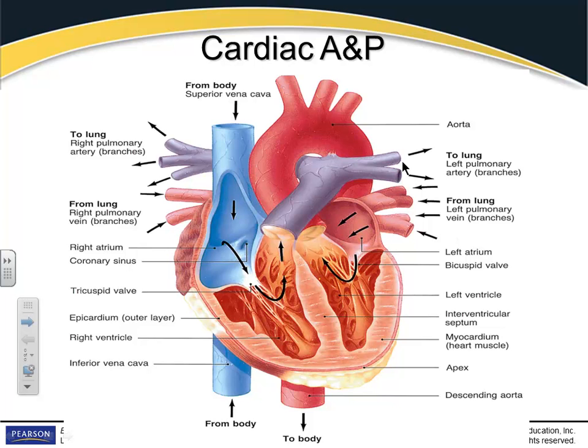The superior and inferior vena cava, that's right. And what's the vessel that takes blood away from the heart? The aorta, primarily. What is the vessel or vessels that provide the blood flow and oxygen to the heart muscle itself? The coronary arteries.